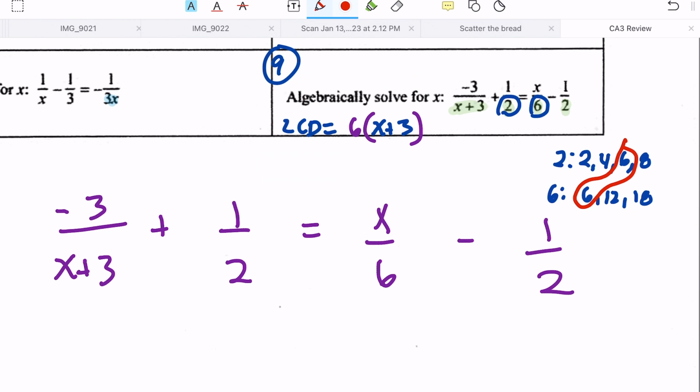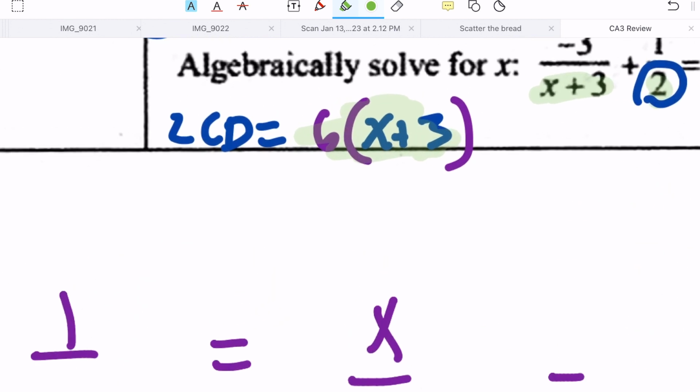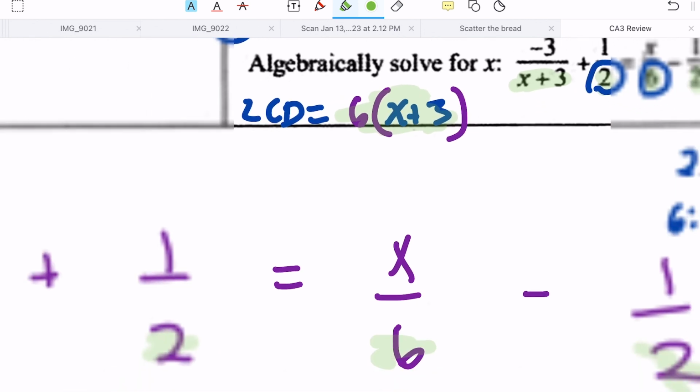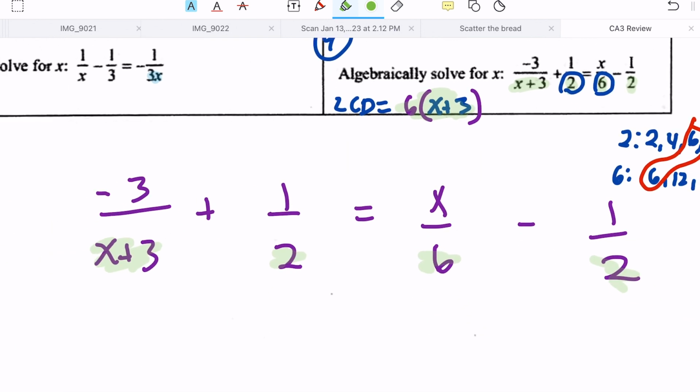We compare the denominators with the LCD and see, okay, what's missing? Well, the first one is missing the 6, so I'll multiply that on the top and the bottom.